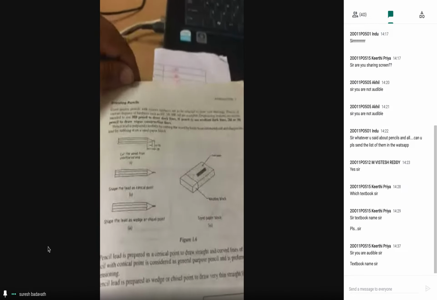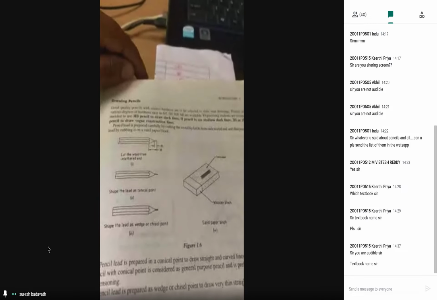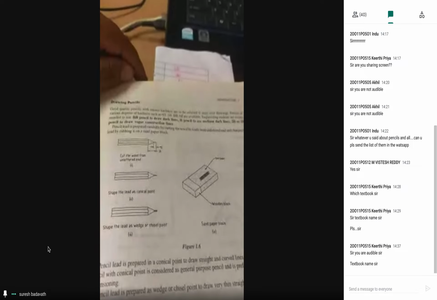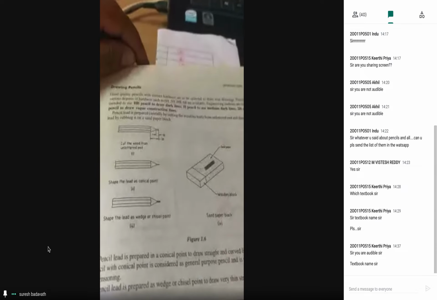See the different types of drawing instruments used in practice. The pencil can be HB, H and 2H pencil, used in drawing practice.